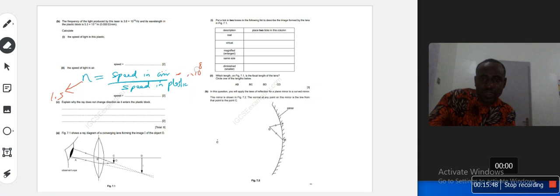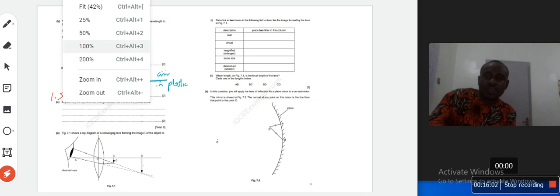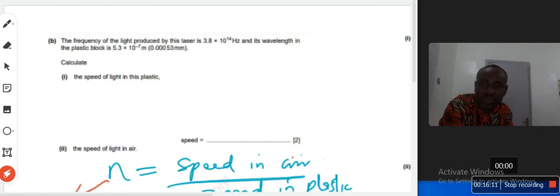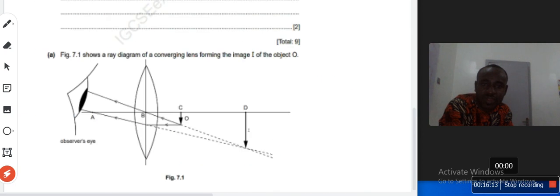The speed in plastic is what we have here, and the refractive index is given as 1.5, so speed in air is what we calculate. The speed in vacuum is 3.0 times 10 to the power 8, but it's different from speed in air. Sometimes we approximate that to be the speed in air, but it's not exactly that.